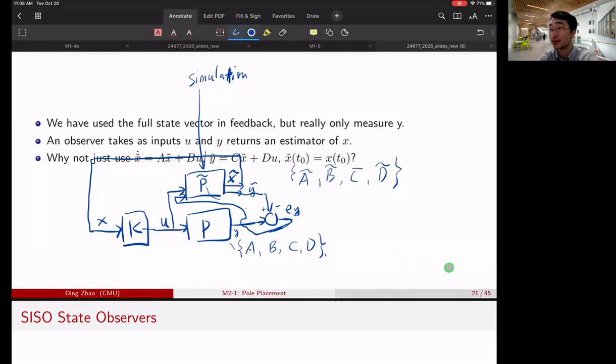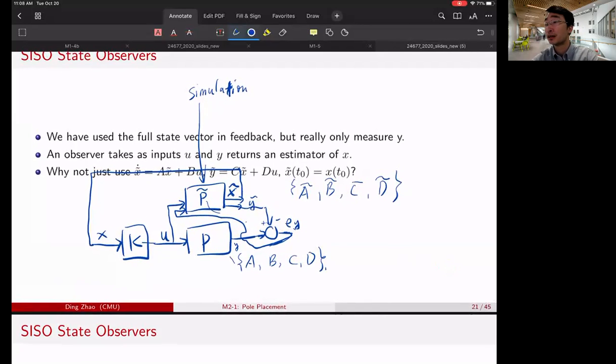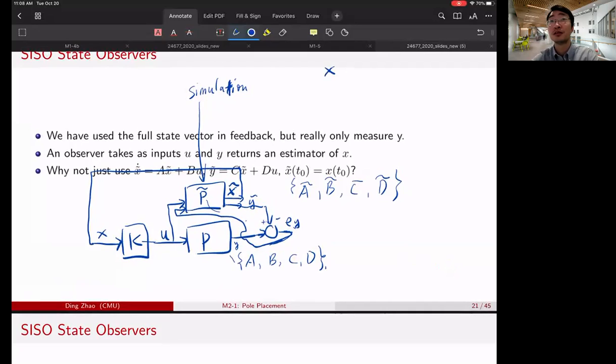So I can write things here again. x tilde dot equals A x tilde plus B concatenate. So that's our B, and then u and y minus y tilde.